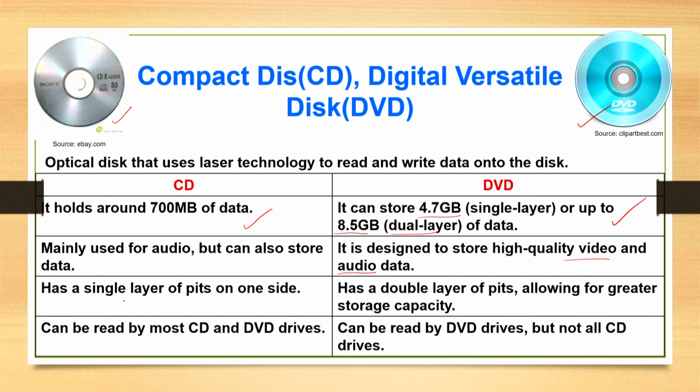CD has a single layer of bits on one side, whereas DVD has a double layer of bits, which allows a greater storage capacity. CD can be read by most CD and DVD drives, but DVD cannot be read by all CD drives.